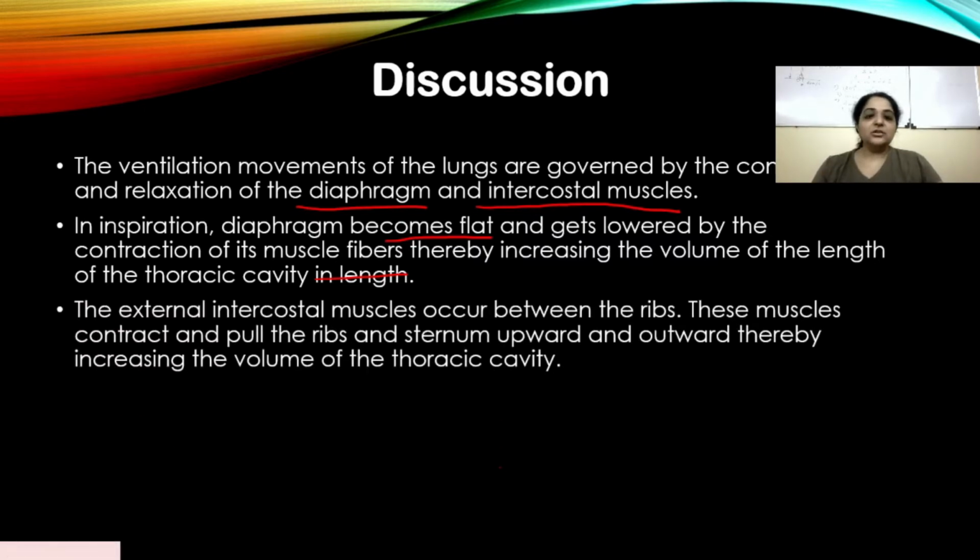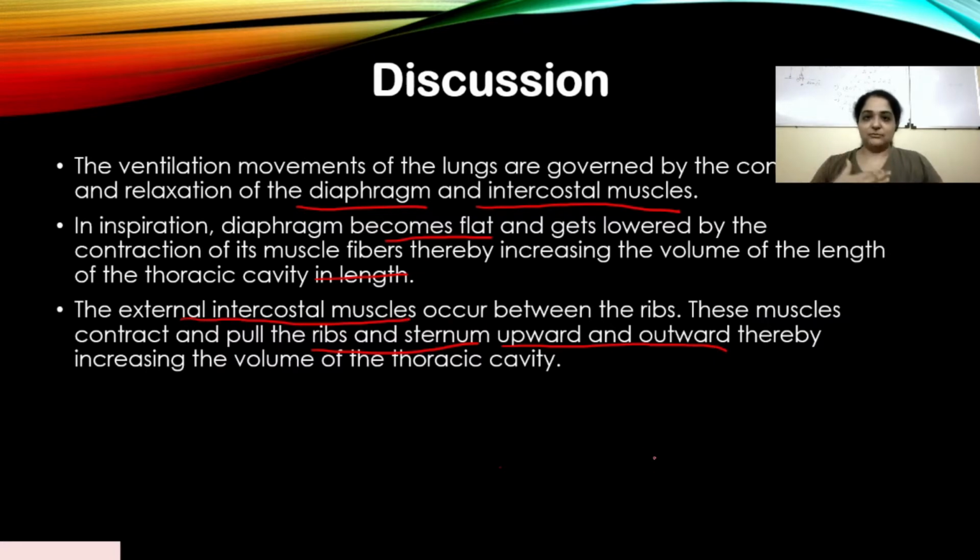The external intercostal muscles occur between the ribs, and these muscles contract and pull the ribs and sternum upward and outward. Their job is to move the ribs and sternum upward and outward, thereby increasing the volume of the thoracic cavity.